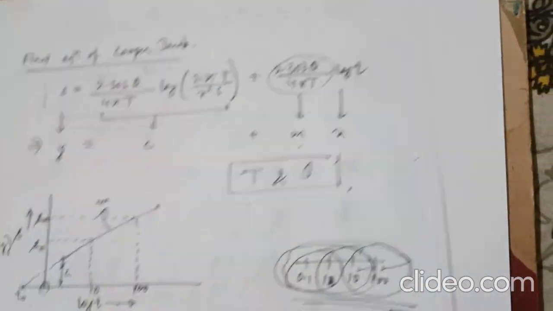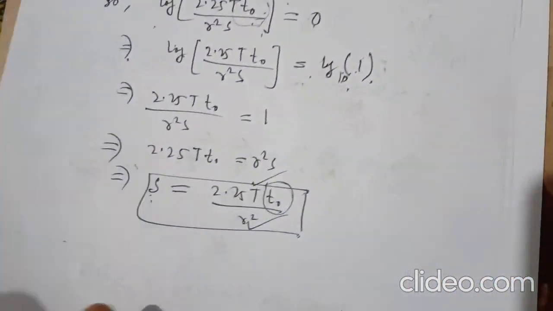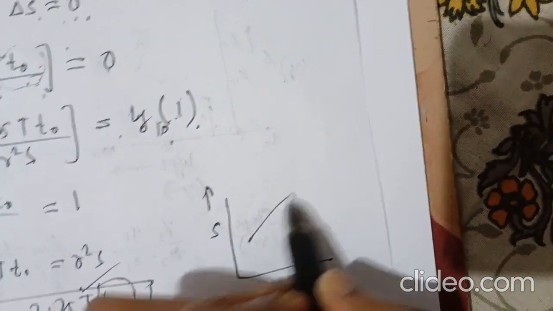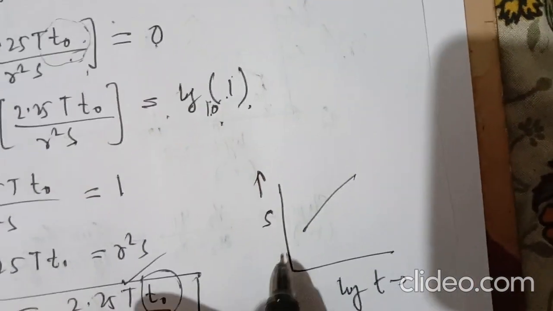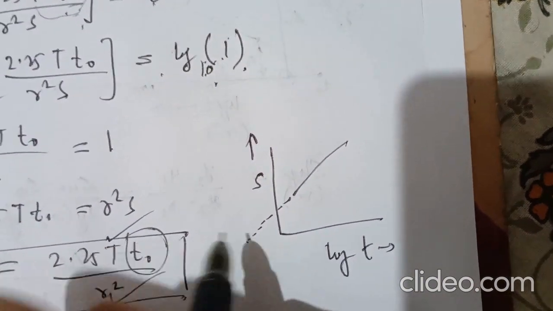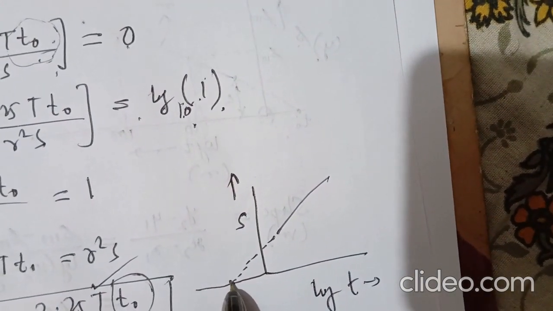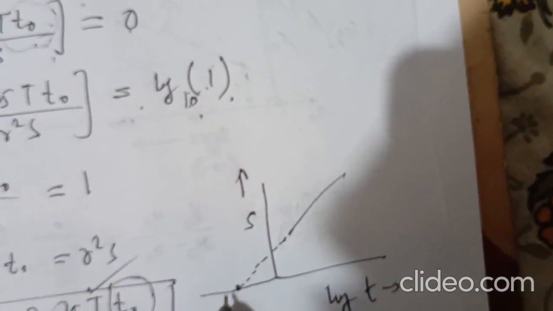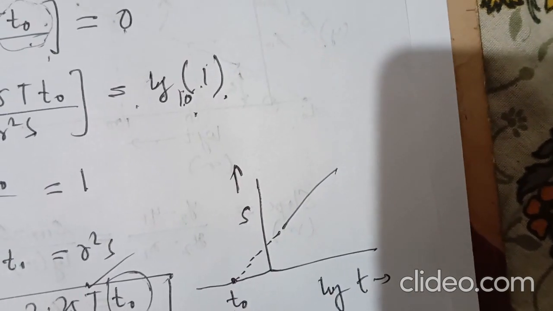In the graph, suppose this is our semi-logarithmic graph, and you get this straight line here. You just extrapolate this line, and wherever this straight line meets the x-axis, that will be our t naught.